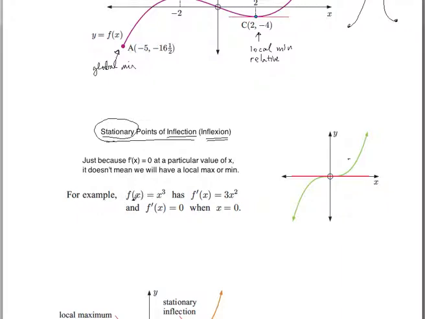And here it is: f of x equals x cubed. f prime of x is 3x squared, and the derivative is 0 at the point x equals 0. The sign diagram would show positive, positive. So don't think that just because the derivative is 0 that it is necessarily a local max or min.